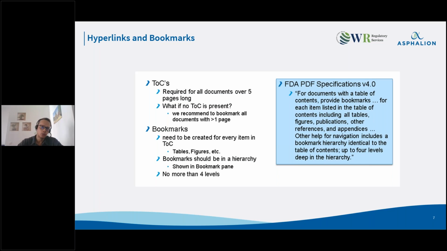So you would need to be focusing on table of contents and functional bookmarks, not only in the narratives in Module 2 to Module 3, which are quite easy to get because you will have a team of writers writing in Word, but especially in non-clinical studies, because they tend to be old studies, some of them are even scanned, and they've lost all the properties.